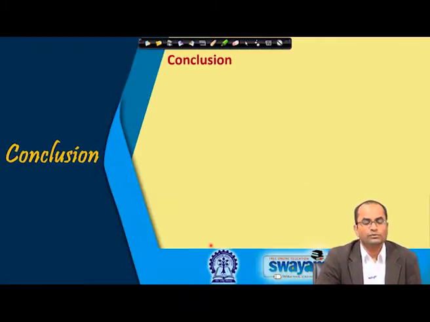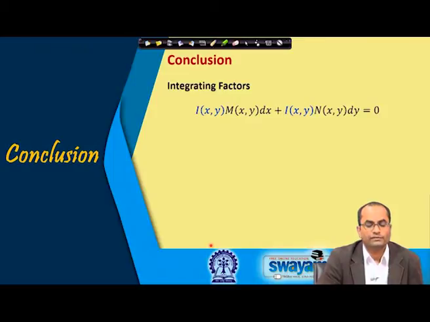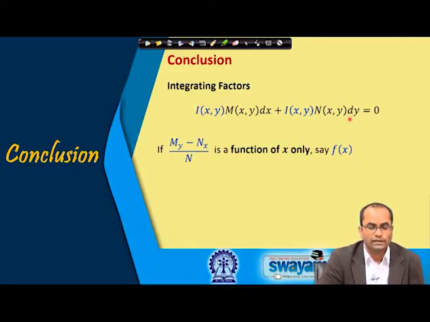So, coming to the conclusion, the integrating factor is nothing but a function. If we multiply it to the given differential equation, which is not exact, and after multiplication the equation becomes exact, we call such a function the integrating factor. And we have seen this special case when the partial derivative of M with respect to y minus the partial derivative of N with respect to x, divided by N, is a function of x alone, say f(x).